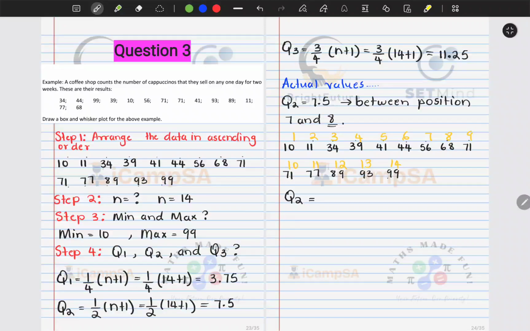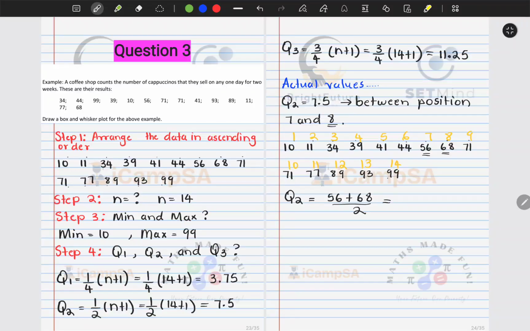So if you observe carefully with Q2, Q2 will just be, so we'll add the 2, which is position 7 and 8, and then multiply by what we see there. Okay. So position 7 and 8, if you observe carefully, that is 56 plus 68. And this is divided by 2.